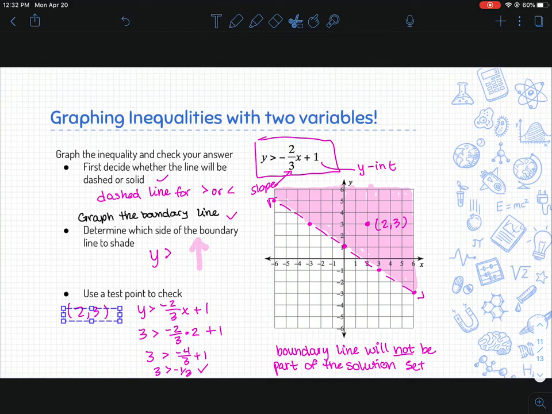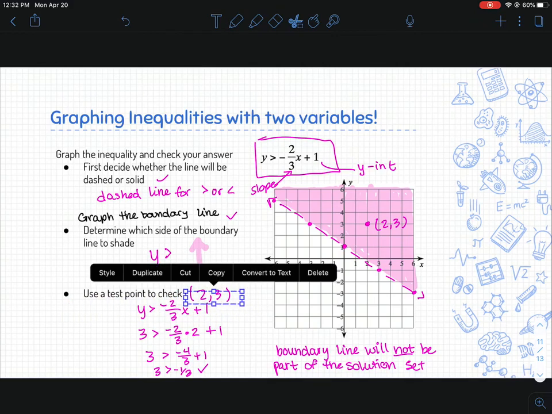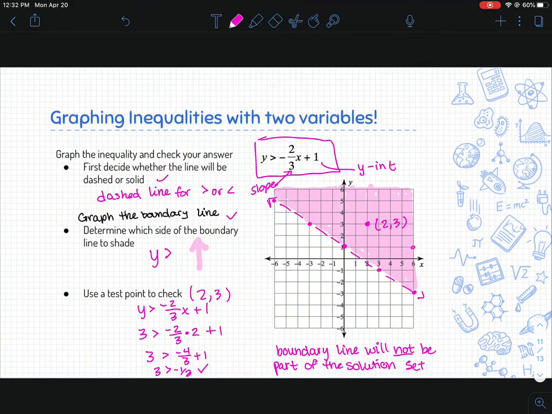Let's pick another test point just so you guys have multiples to choose from. Let's pick 6, 1, because it's also in the shaded region. We are saying 1 should be greater than negative 2/3 times 6 plus 1. 2/3 of 6 is 4, so that's going to be negative 4 plus 1. 1 is greater than negative 3, which is true.